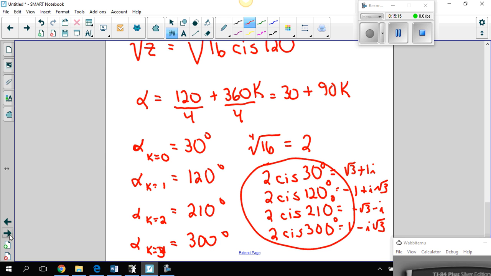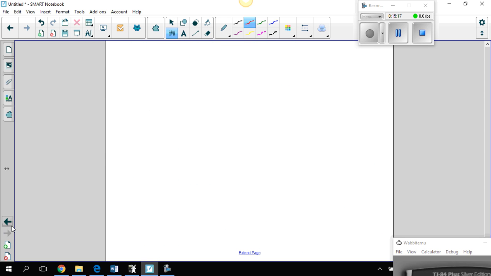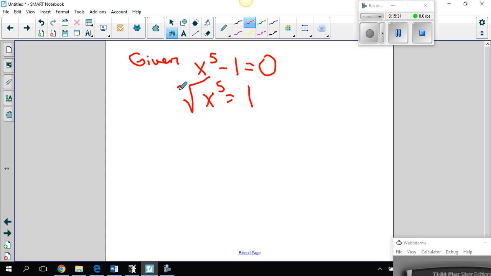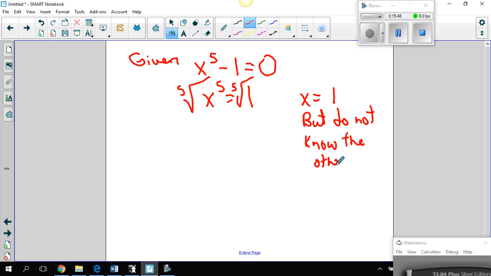Now, what do we really use it for? Well, given x to the 5th minus 1 equals 0, and we got x to the 5th equals 1, and we know when we take the 5th root of both sides in the reals, we get x equals 1, but do not know the other 4.